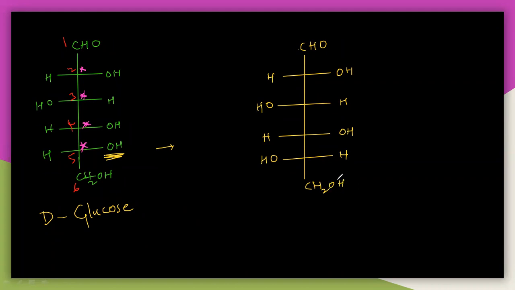Observe these two. These two are actually not enantiomers because they are not mirror images, they are diastereomers, but you need to understand one thing. So this is actually called L-glucose.